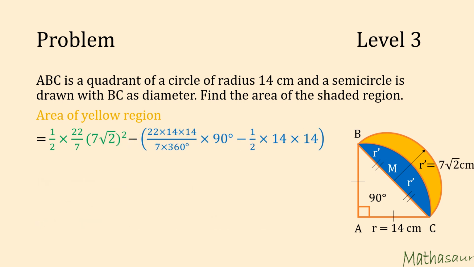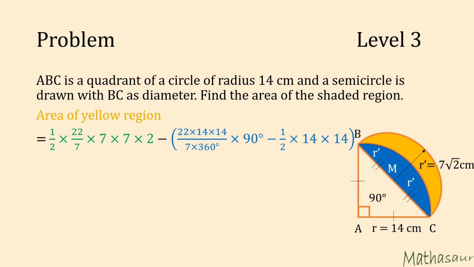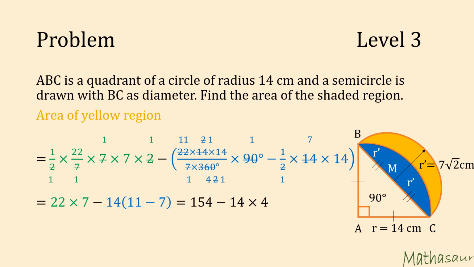Now let us substitute the values, simplify, and we find that the area of the yellow region is 98 centimeters square.